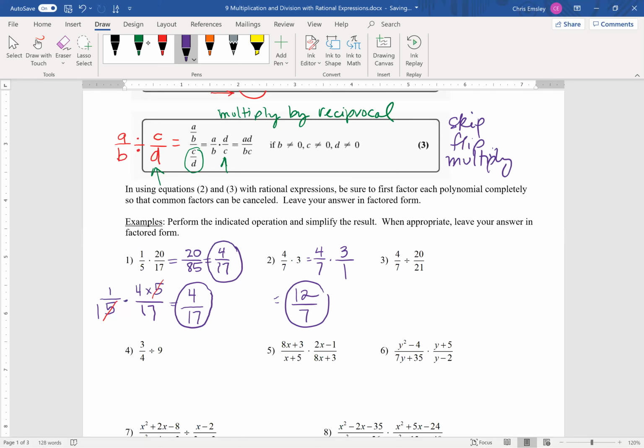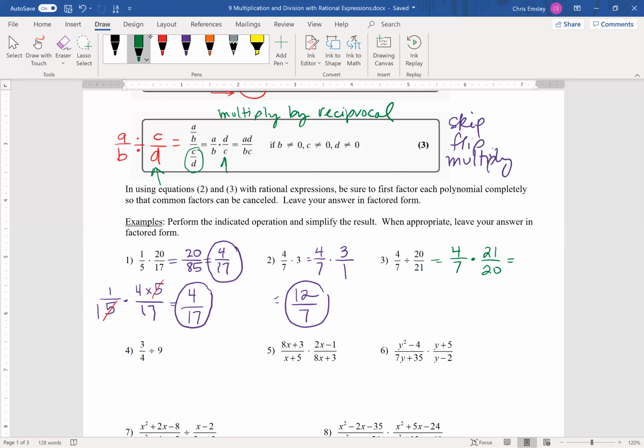For number 3, we have our first example of a division problem. If we want to rewrite that, skip that first fraction, flip the second fraction, and multiply the two together. So we change that to a multiplication. This is another example, like number 1, where we could simplify now or at the end.